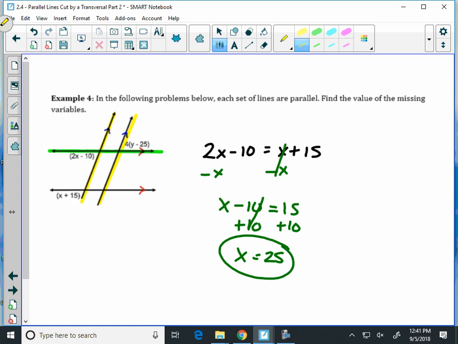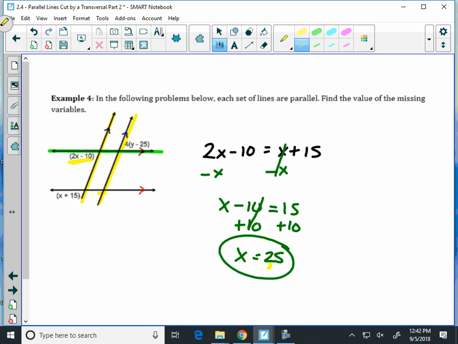What kind of angles are 2x minus 10 and 4 times y minus 25? Alternate exterior. What do we know about alternate exterior angles? They're the same, right? But can we set y equal to x? No. So what do we have to do to get rid of that x? Plug in 25 for x right here.